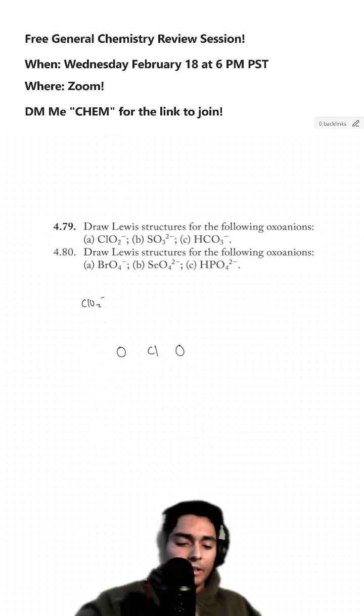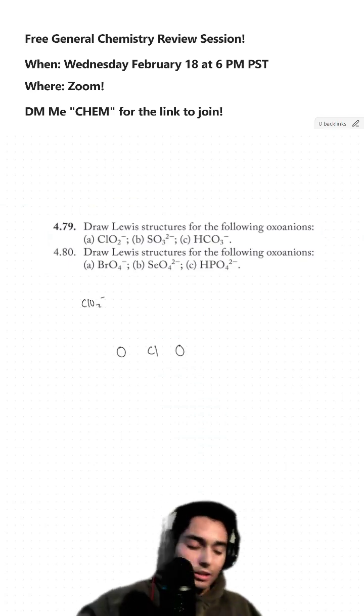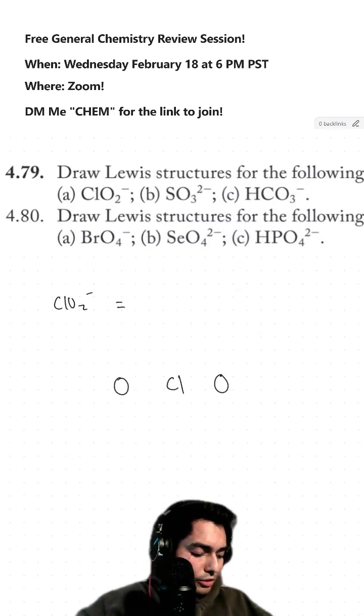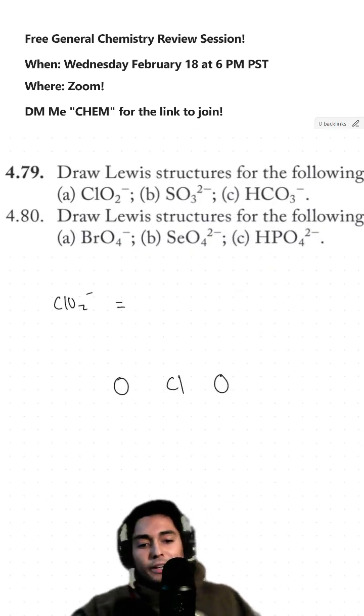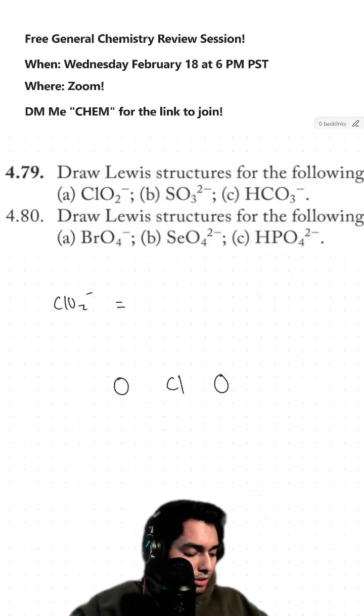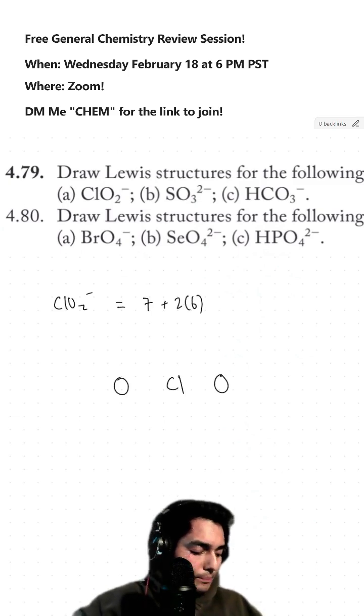Now I need to do this more algorithmically because these are getting a little bit harder. First things first, I'm going to calculate the total number of valence electrons. Chlorine has 7, and oxygen has 6, and I have 2 of them, plus 1 valence electron.